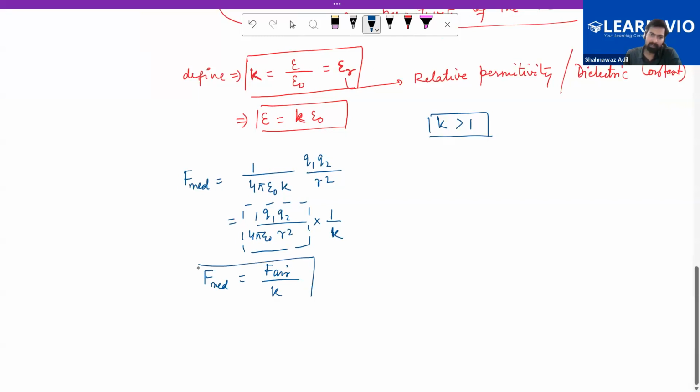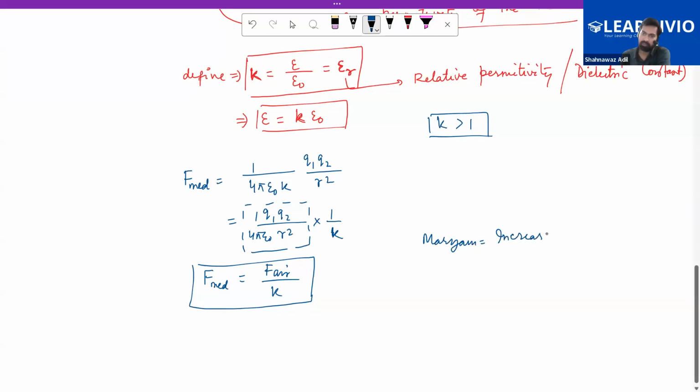So can you guys tell me whether the force is decreased or increased in the medium? What can you guys say about the force? Increased, I guess. So Mariam is saying increased.